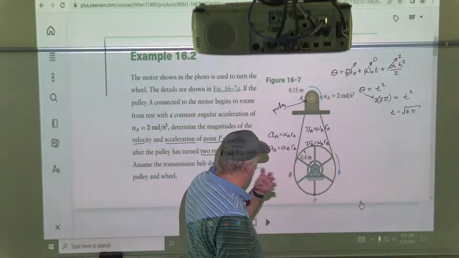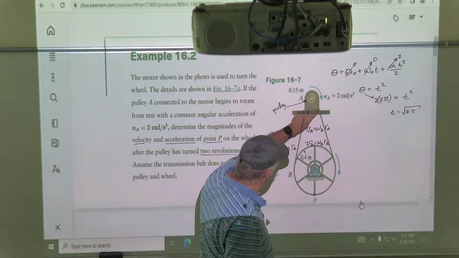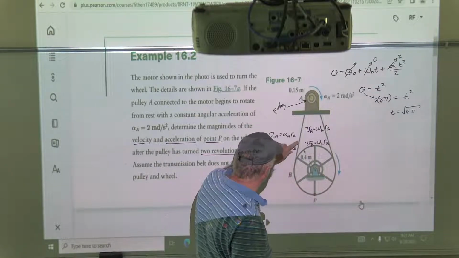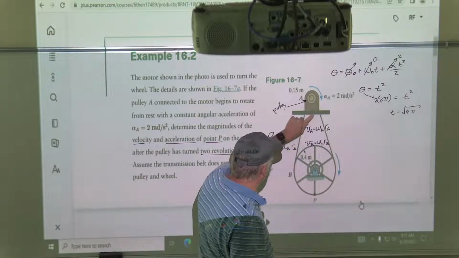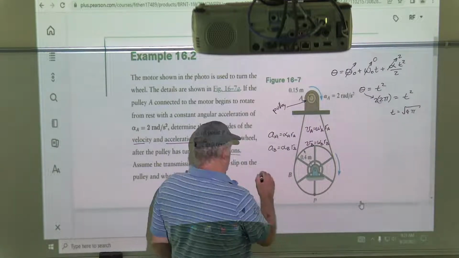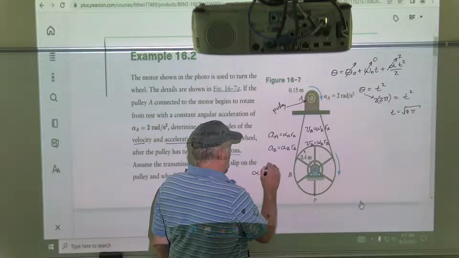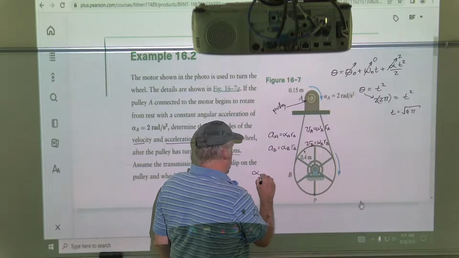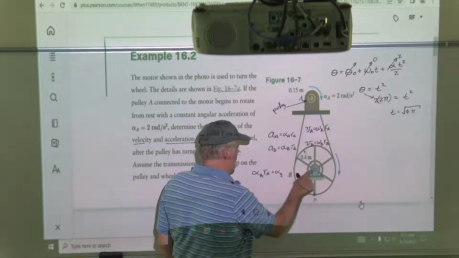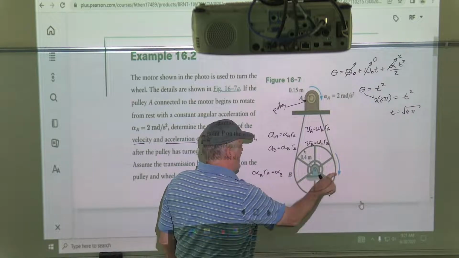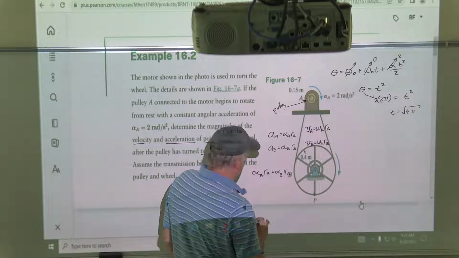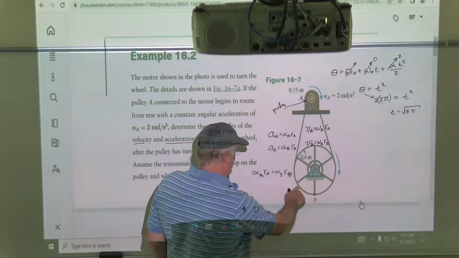So if it turns out that a point here has the same velocity as any point on it, and it remains that the case, then so does the acceleration. So in other words, alpha of any point on A times RA is equal to alpha of any point on this B out here, that is, RB.